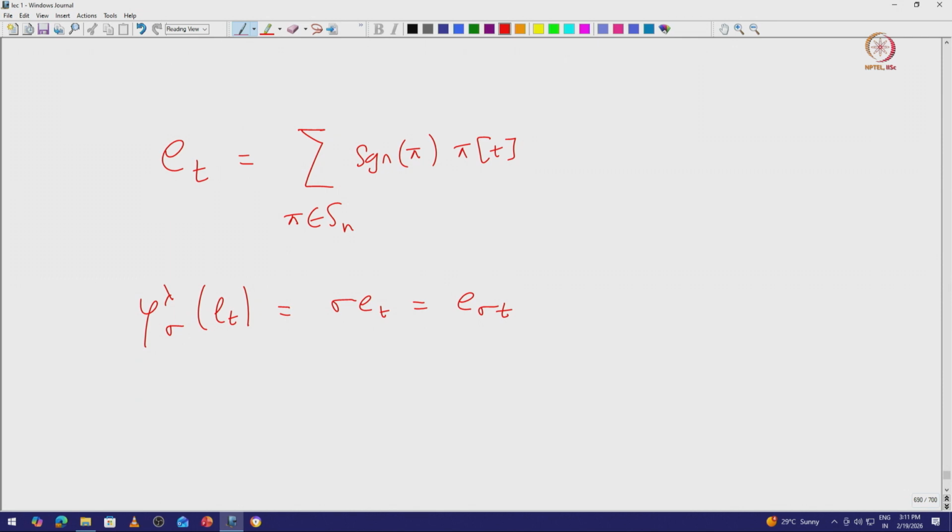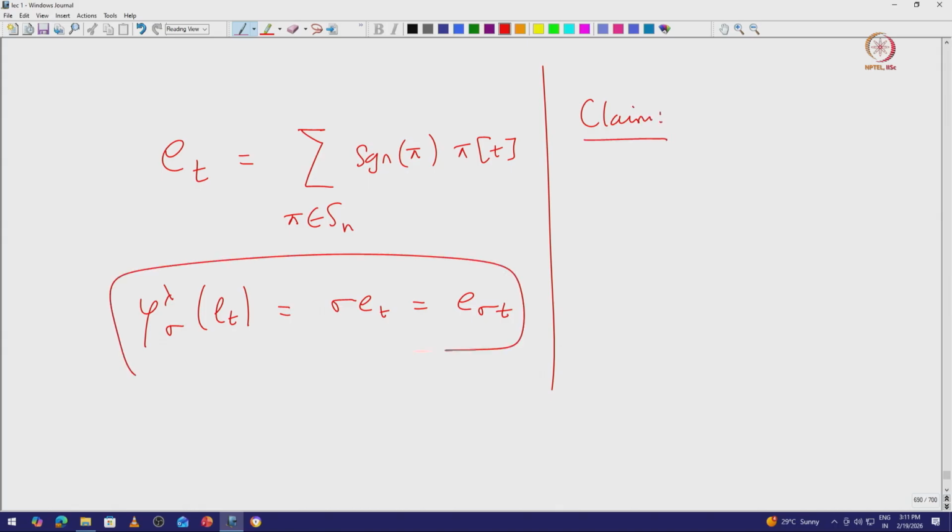Now, we claim that this is also equal to sign sigma times E t. Okay, so here is the claim. This is something we already verified. We claim that phi lambda of sigma applied on E t is going to be sign of sigma E t.